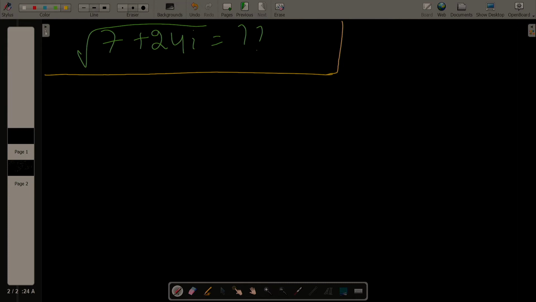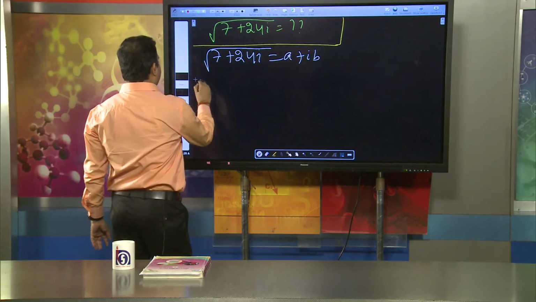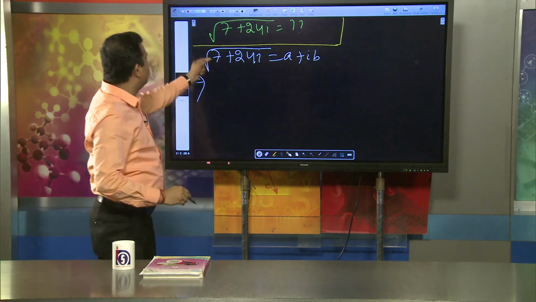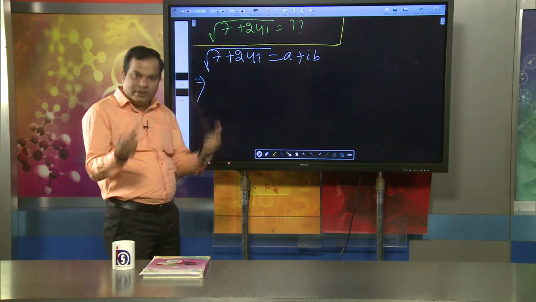Suppose, dear learners, let us discuss. Suppose the square root of 7 plus 24i is equal to a plus ib. Now what will happen? We have to remove the square root, so the right hand part will be squared.